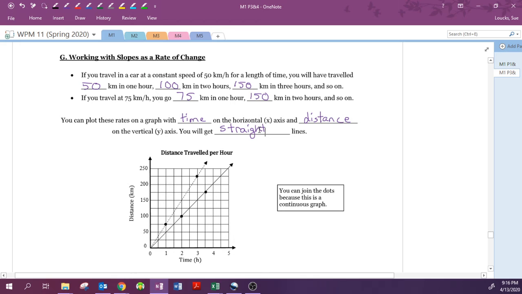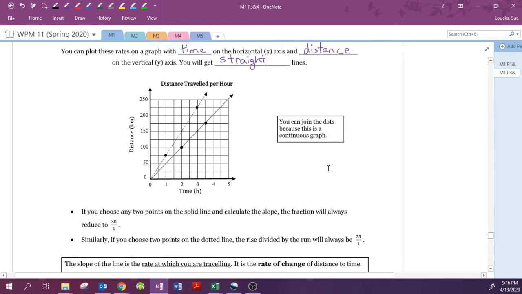And if you join any 2 points on the solid line and calculate the slope, it will always reduce to 50 over 1. And if you join 2 points on the dotted line, the rise divided by the run will always reduce to 75 over 1.